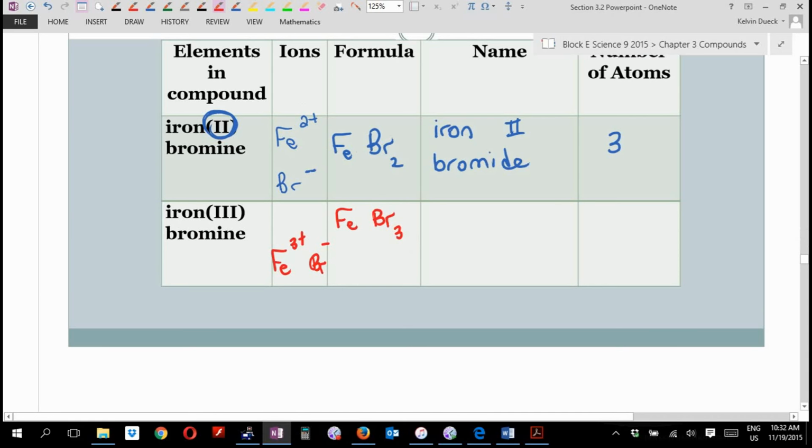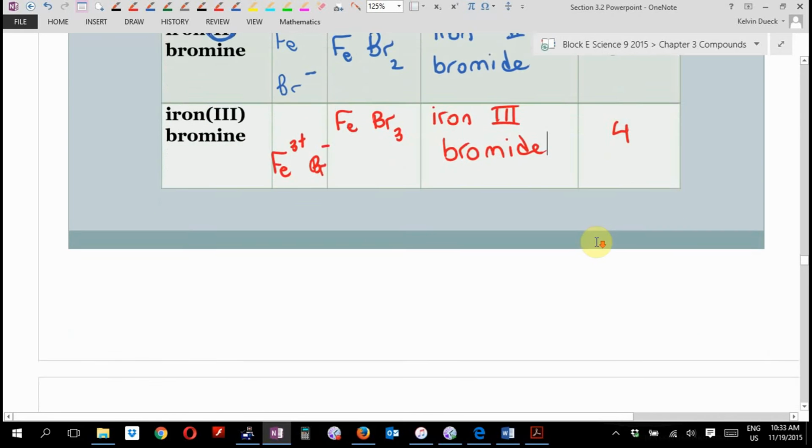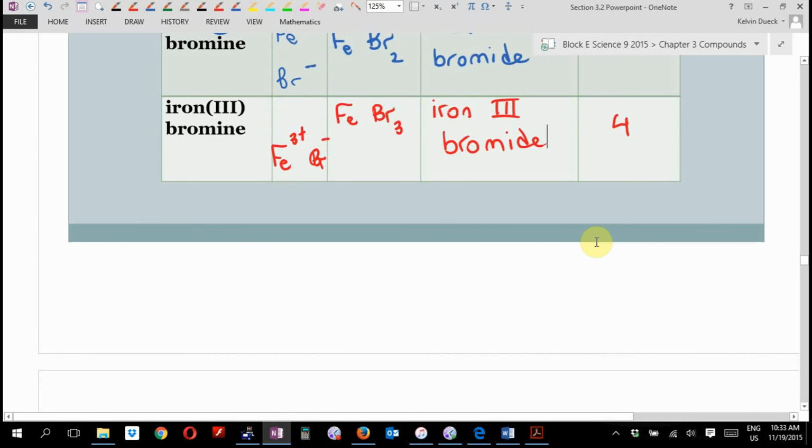By the way, how many atoms does this one have now? 4. And I would call this iron 3 bromide.